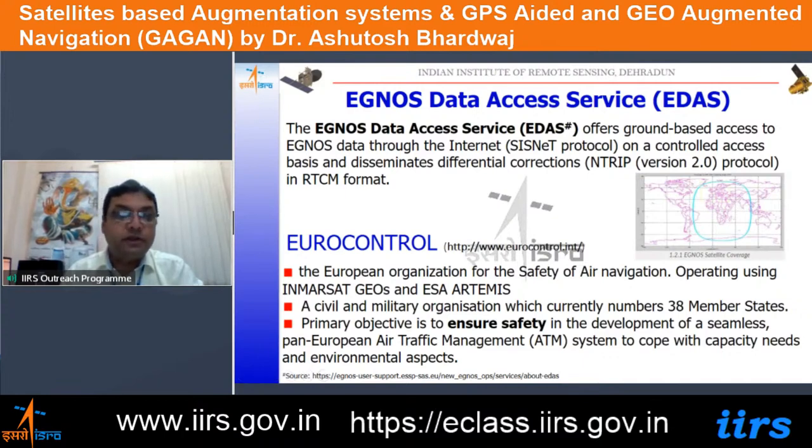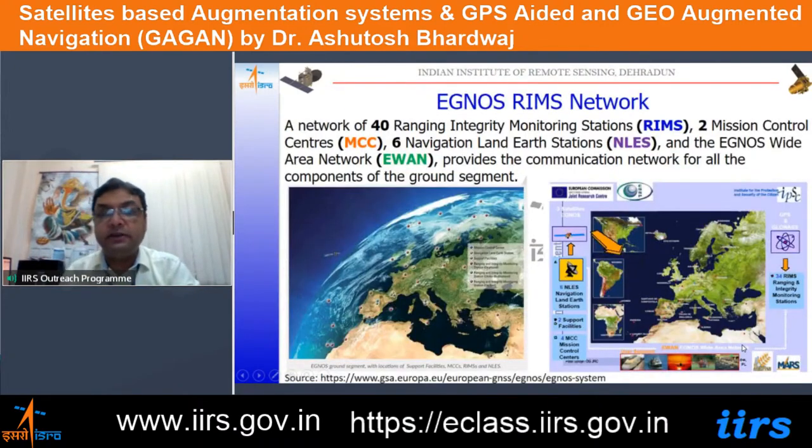So that is also there, and there is an agency called Eurocontrol which is taking care of all these activities in the European region, which has 38 member states. Basically we can see that in the case of Galileo also, a large number of countries in Europe are part, and in EGNOS also it is the same.